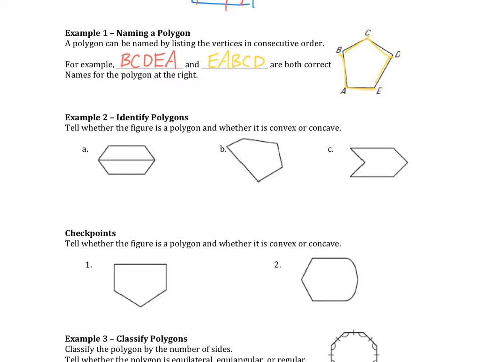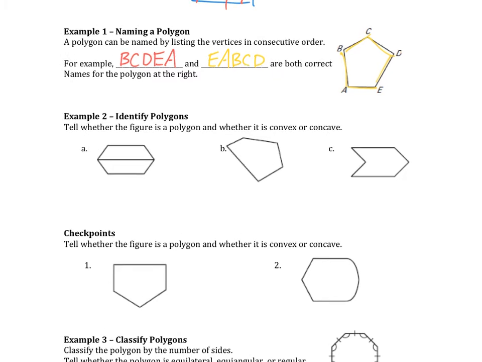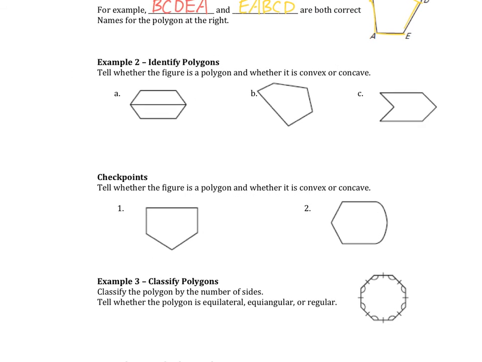So in example 2, tell whether the figure is a polygon and whether it is a convex or concave polygon. So the first one's actually no, and the reason why is because of this line that goes through the middle. That makes it not be a polygon, because in polygons, there's no vertex or segment that goes through the middle.